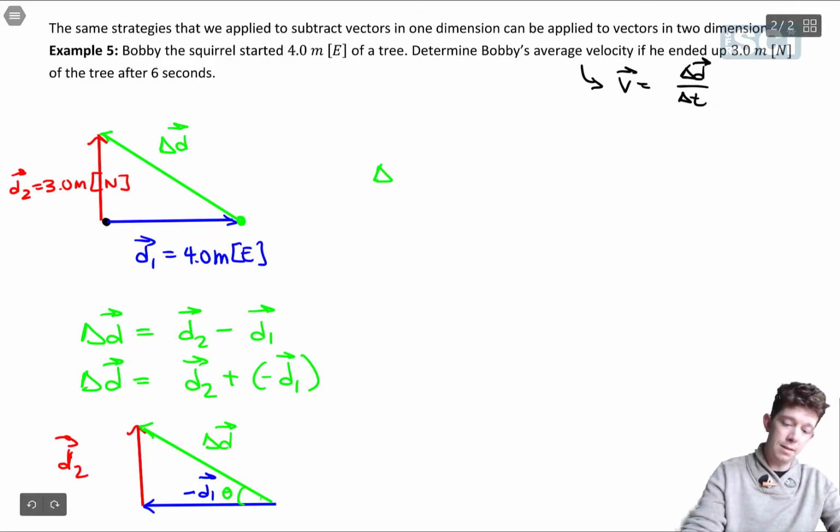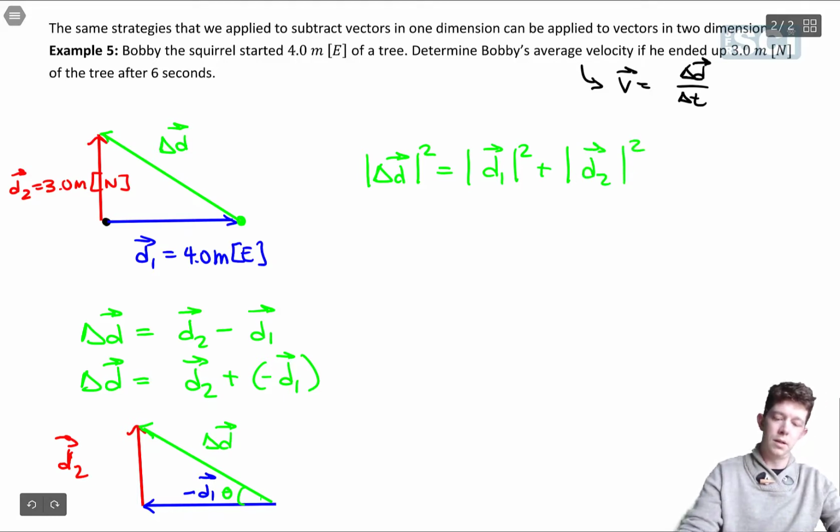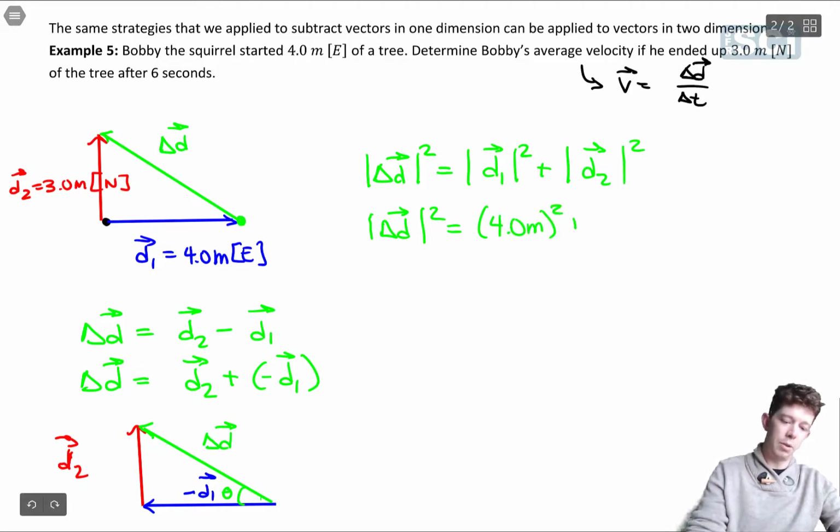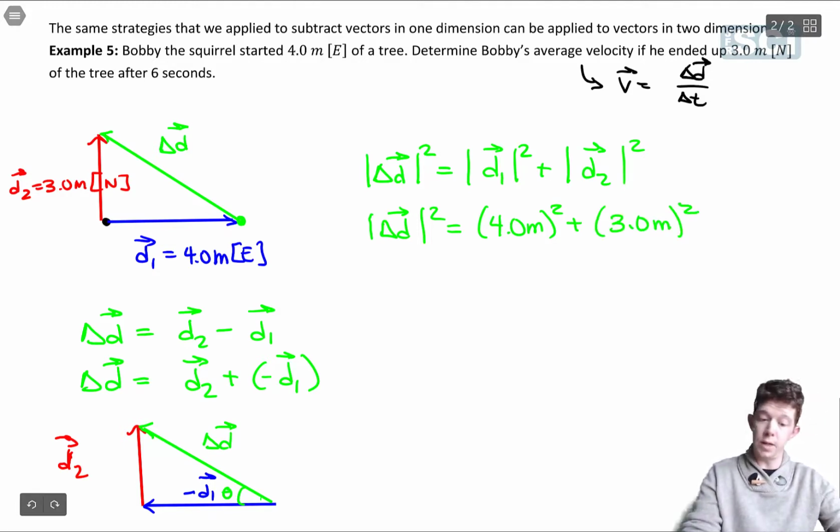Okay, so delta D magnitude squared is equal to D1 vector squared plus D2 vector squared. The magnitude of my displacement vector squared is equal to 4 squared, because that's the length of my blue arrow, squared, plus the length of the red arrow, so 3.0 meters, and we're going to square that as well.